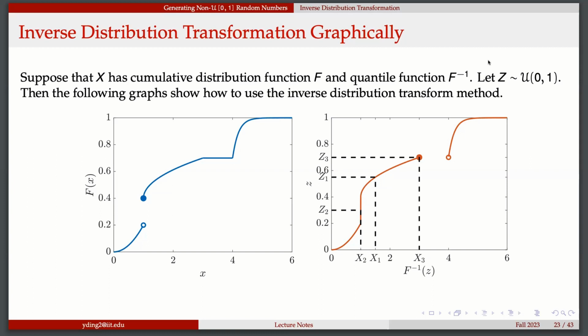Of course, we need to find this inverse function, even though it can still be piecewise, but you need to be able to write it as a function, then it's easy for you to know how to generate that. So I hope it is clear why we need to write continuous for the cumulative distribution function, and for the F inverse, we need left continuous. That's the case. Any questions regarding this one?